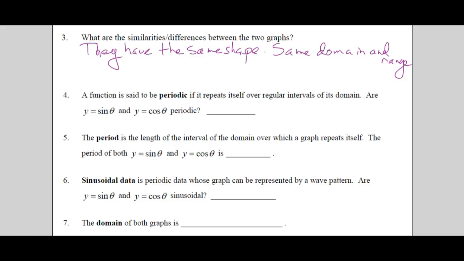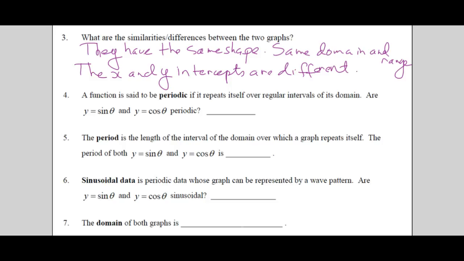What else? What's different? Are the intercepts the same? No. So the x and y intercepts are different. And really, what can we say about them?